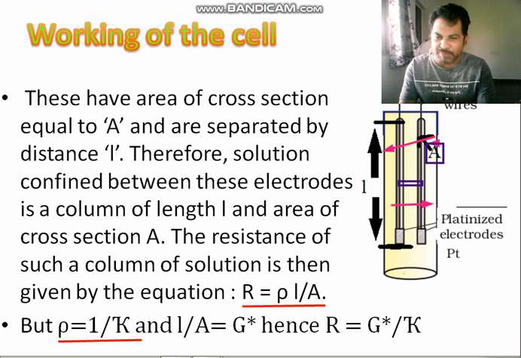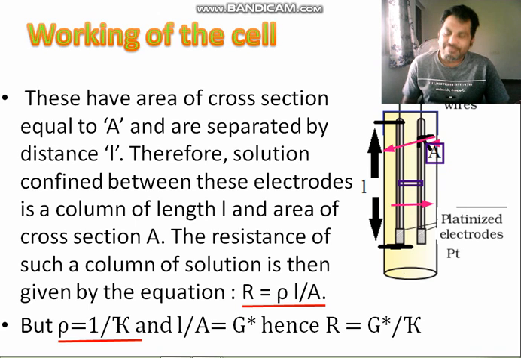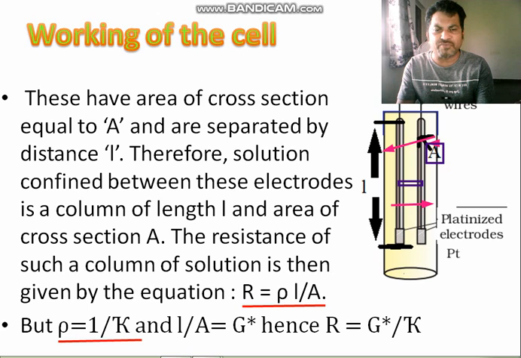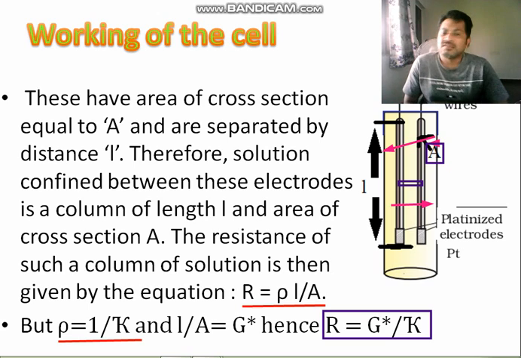So in place of rho we can put 1 upon kappa, and L upon A is nothing but the cell constant. If we put this value, the final resistance is G star by kappa.